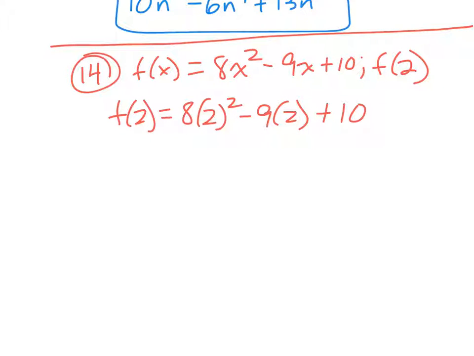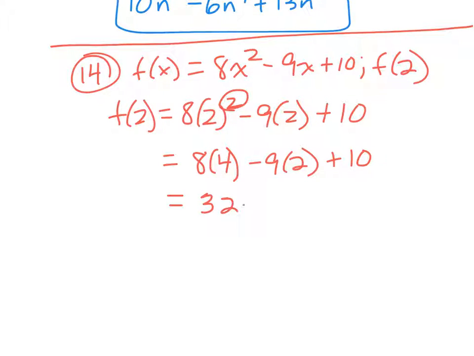Now we got to follow the order of operations, so we got to do exponents before we multiply. So 2 squared is 4, so we got 8 times 4 minus 9 times 2 plus 10. Got to multiply before we add. 8 times 4 is 32, minus 9 times 2 is minus 18.